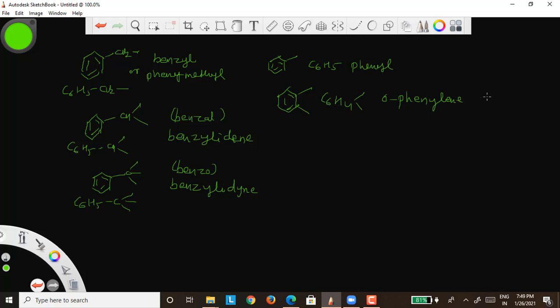Now this may be metaphenylene and paraphenylene also possible. So suppose you connect this with here. So this is metaphenylene. And if you connect through para position, this is known as paraphenylene. Okay.